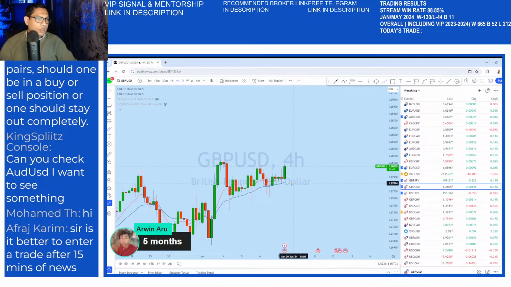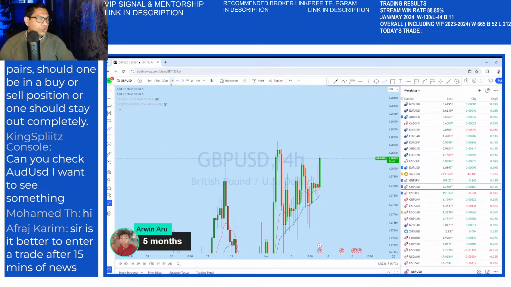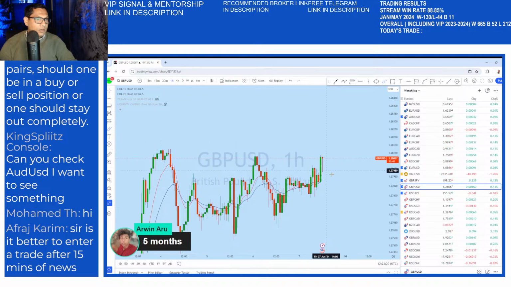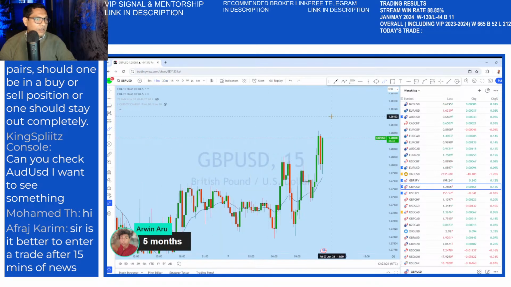Okay, so it's a big bull market, and we can see it's now pushing high again. That was a retest, and then we can see the market is again trending in the direction.